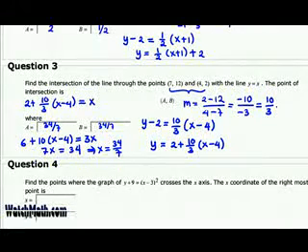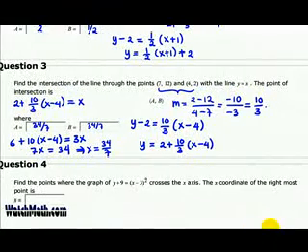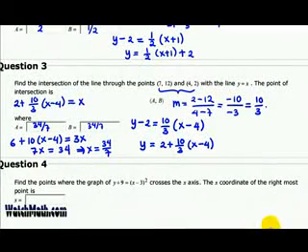Okay, the next problem, question number 4. Find the points where the graph crosses the x-axis. Crossing the x-axis means that the y-coordinate is equal to 0. So what we need to do is just to substitute y equals 0 there.